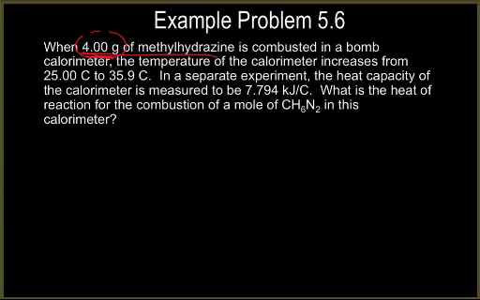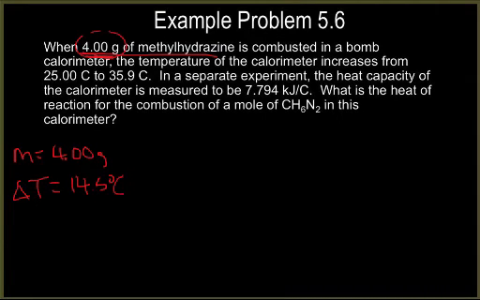So our mass, we're going to write the mass down even though we don't need it to start with. We're going to write down that there is 4 grams in that bomb calorimeter. Then it says the temperature increases from 25 degrees to 35.9 degrees. So that gives us our temperature change. So that's 14.5 degrees Celsius.